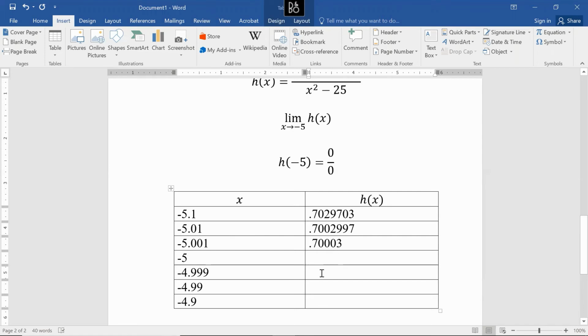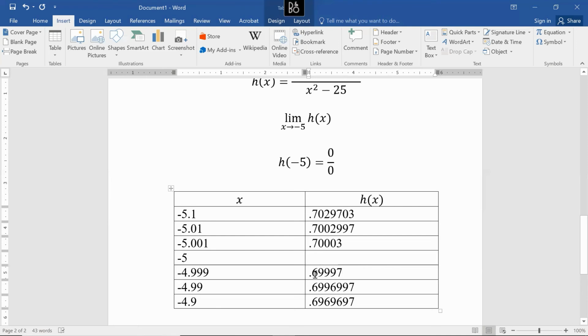Now on the other side, -4.9, plug that in, you get 0.6969697. Again, that's rounded. Then 0.699699. And then 0.6, none, 2, 3 nines, and then a 7. So you can see, again, each time you're adding another 9 there.